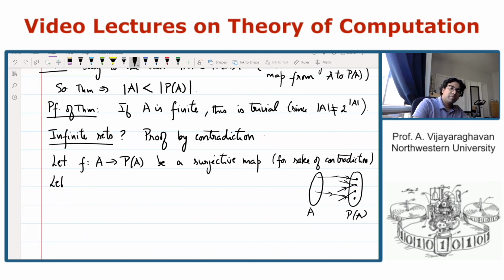Let B be the set of all elements x in A such that x is not an element of f of x. Okay, so this is a key step.